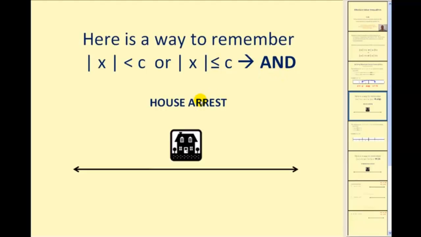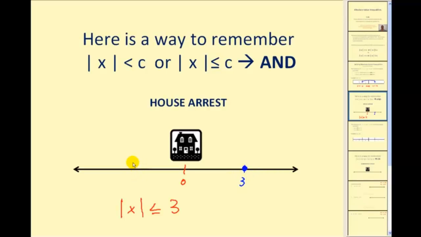Let's say you know someone who gets in trouble with the law and they're put under house arrest. What that means is the court orders an individual to always maintain a distance less than a given value. So if the court orders the distance from the house to be less than or equal to 3 blocks, we know that means that the individual can come out of the house and move to the right no more than 3 blocks.